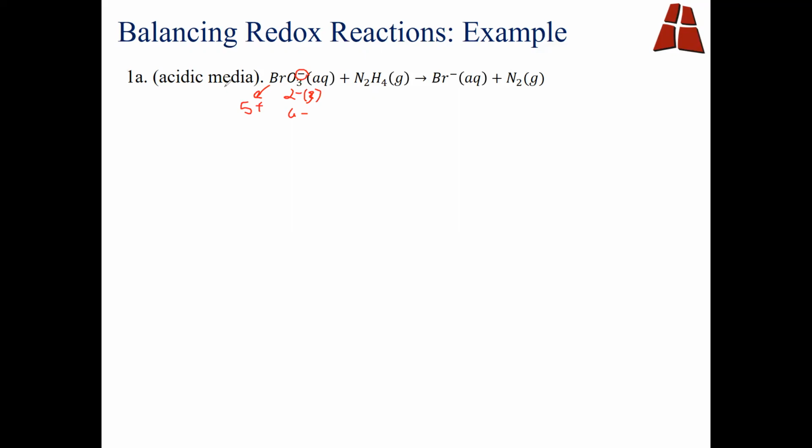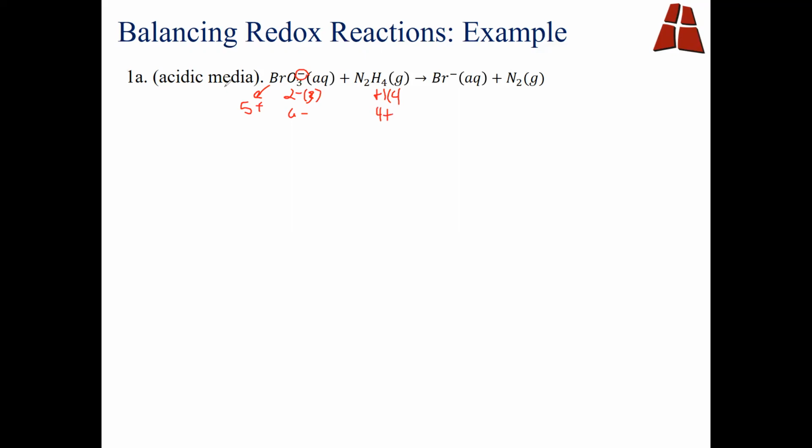That's BrO3-. We look at our other reactant, N2H4. We know that H should always be +1, and we have 4 of them, so that's a total charge of +4.